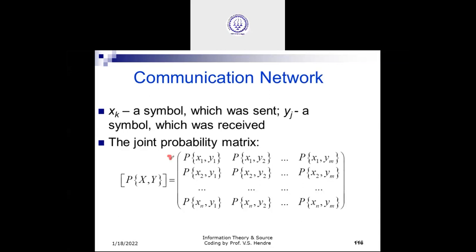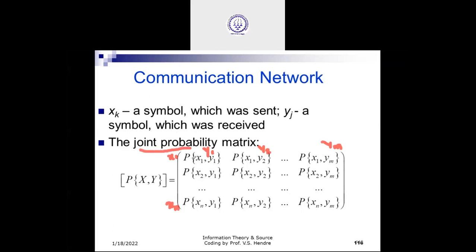Here also on the row side there is x1, x2 till xn, and on the column side there is y1, y2 till ym. This matrix is called the joint probability matrix.